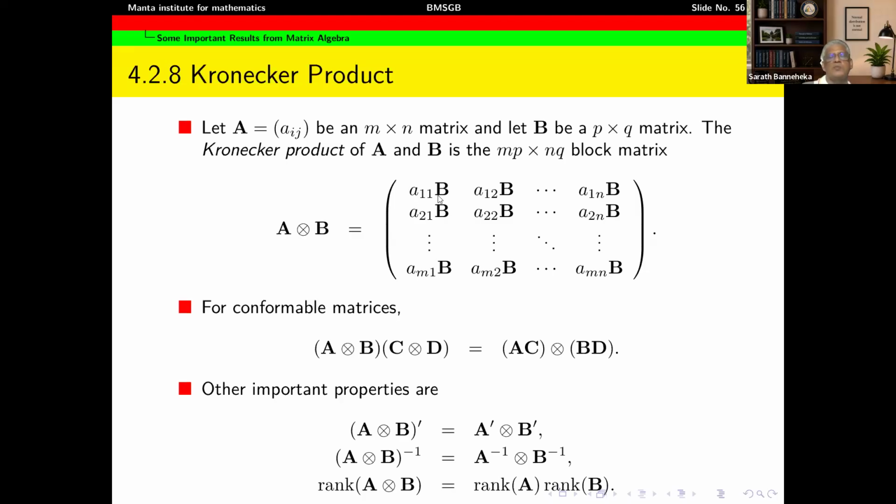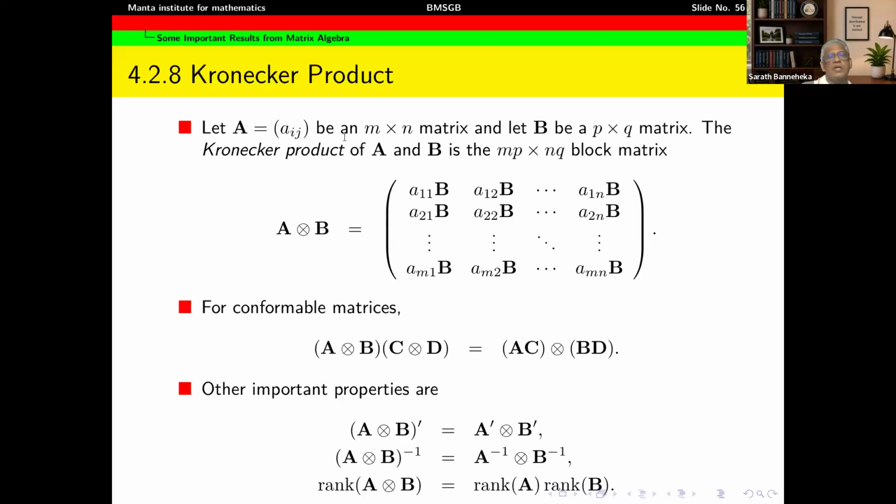So A11 times B will be a matrix, and then A12 times B will be also a matrix like that. So if you put all these matrices into a big matrix, that is what you get by taking the Kronecker product between A and B.